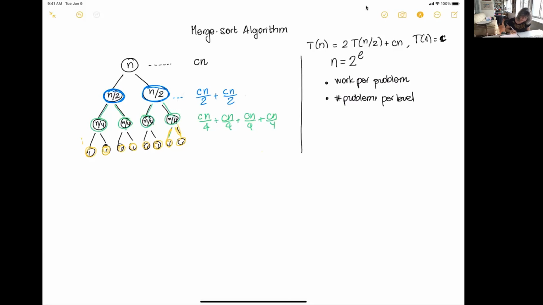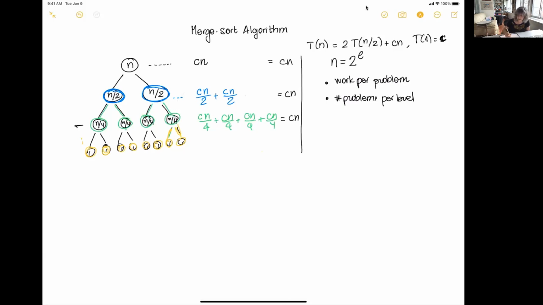So in this level, the green level, we have a size of problems, which is n/4, and we have 4 of those problems. And so we can calculate the total amount of work required at that particular level by adding them up. So this is equal basically to Cn. This is also equal to Cn, and this is also equal to Cn.